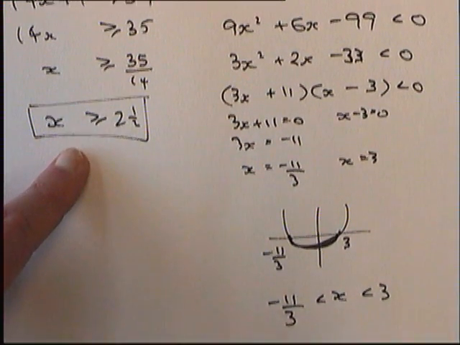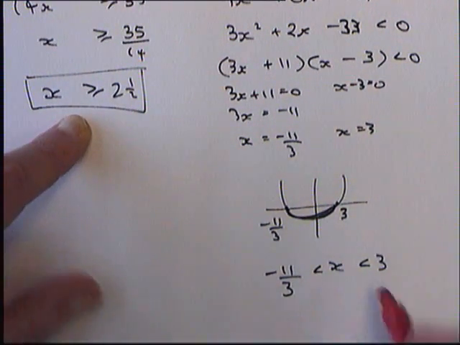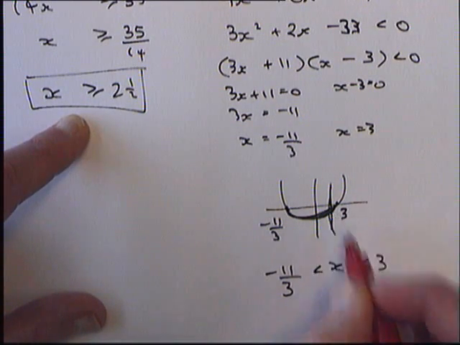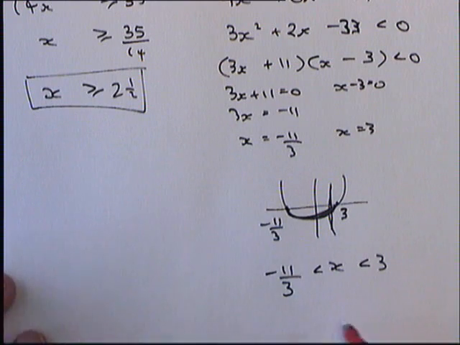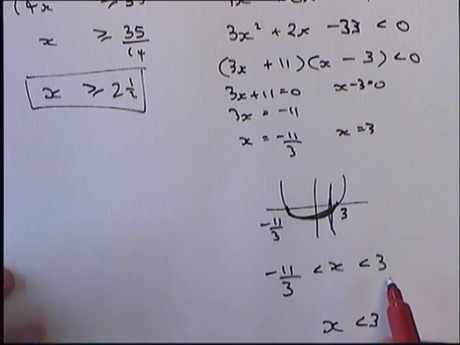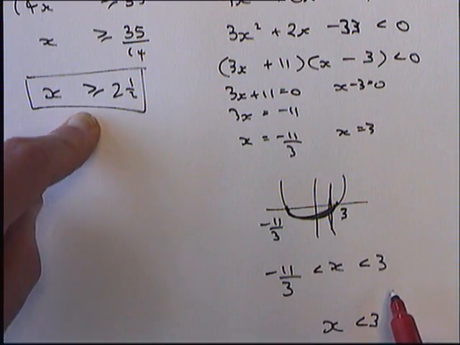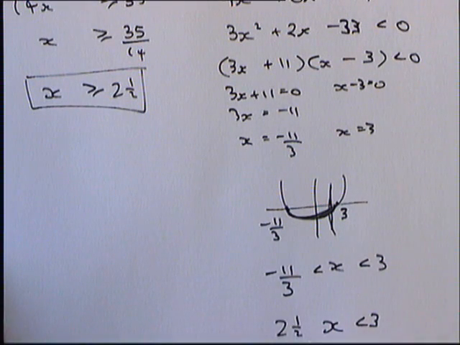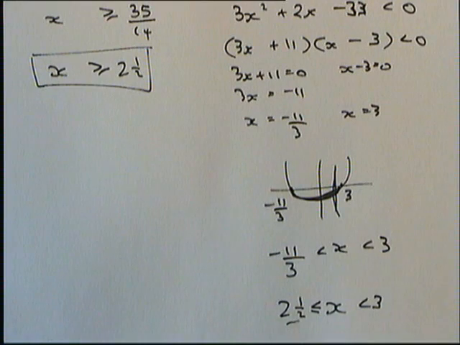But remember, from here, I said that x had to be at least 2.5. Well, 2.5 is somewhere here. So by combining these two answers, my x must be below 3, yes, but I already know it's got to be greater than 2.5, so it can't be some of these. It's narrowing down my answer set. x can be between 2.5 and 3, and it can include the 2.5, so again you've got to get the inequality right on here.